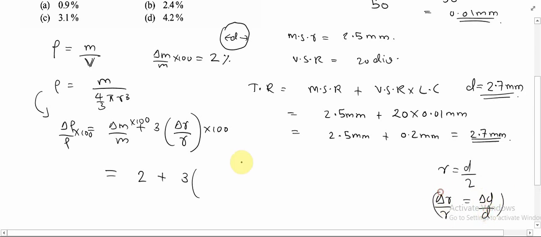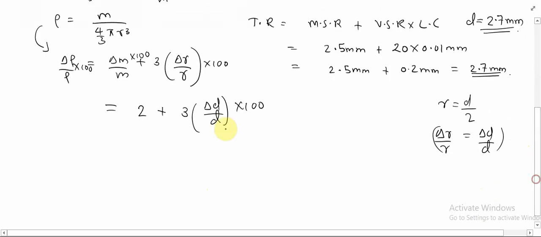So instead of delta r by r, I can write delta d by d into 100. We are using a screw gauge for measuring the diameter, the error is the least count 0.01 millimeter, and we measured the diameter as 2.7 millimeters. So this will be 0.01 millimeters divided by 2.7 millimeters into 100.